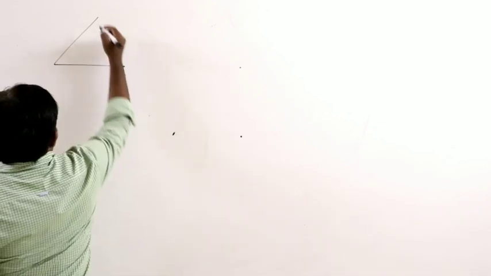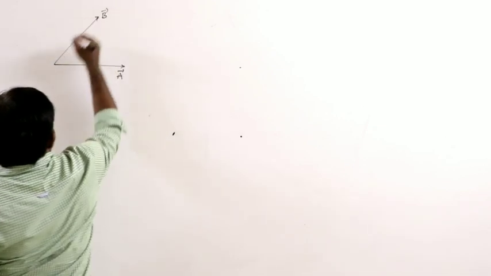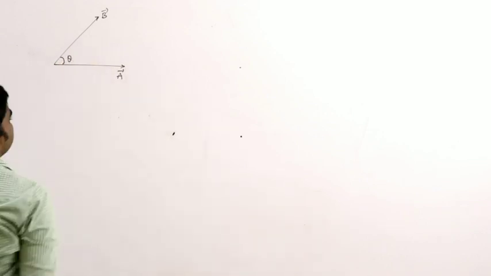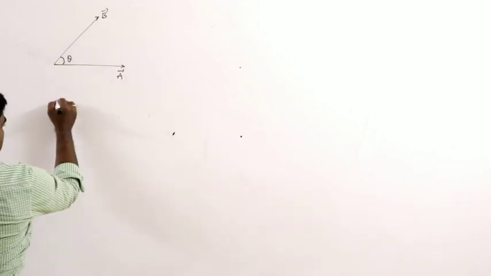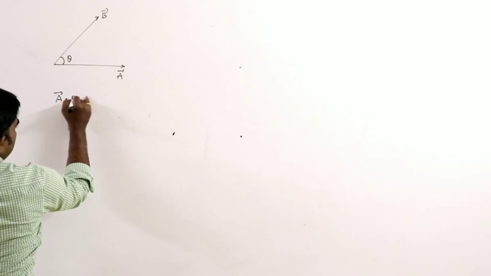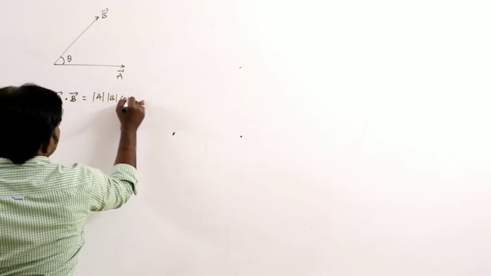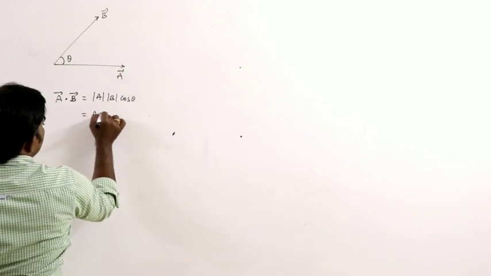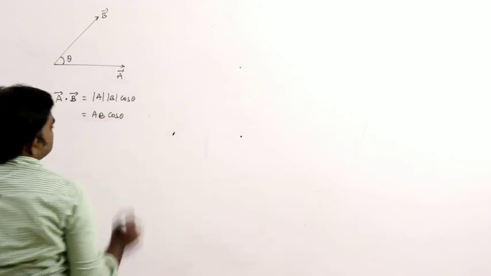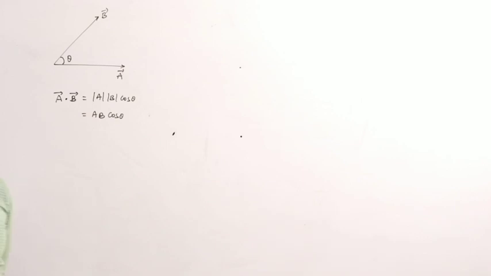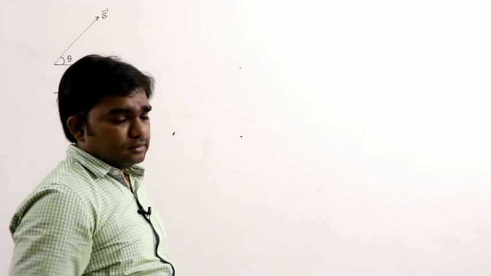This is vector a bar and this is vector b bar, with angle theta between them. The dot product a bar dot b bar can be written as modulus of a into modulus of b into cos theta, or simply ab cos theta.